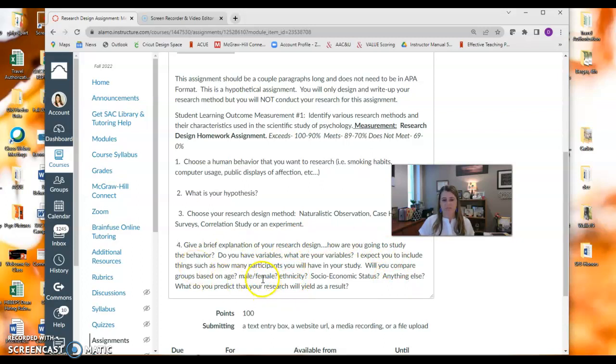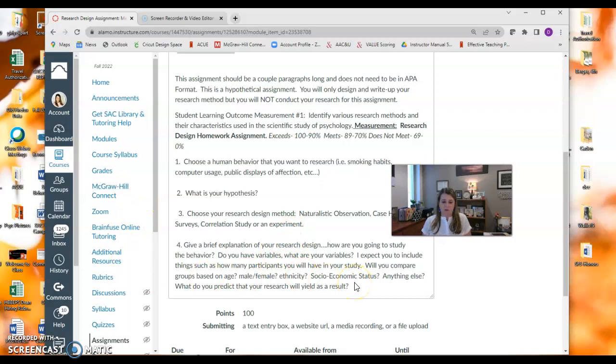I always explain this as a recipe. If I were to say, you want to make a cake, get some flour, get some sugar, get an egg, mix it together, put it in the oven, you wouldn't be able to follow those directions and come out with a great cake because you don't know how much of each ingredient, you don't know how long you cook it for, all of those things that are really, really important. That's in research what you need for this section right here.